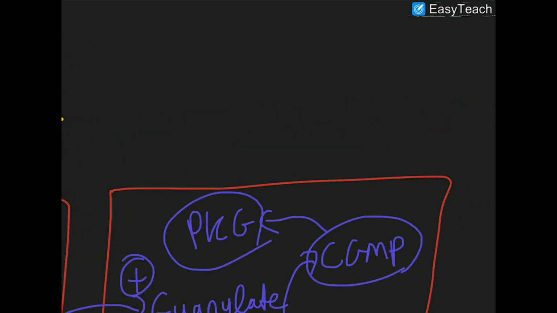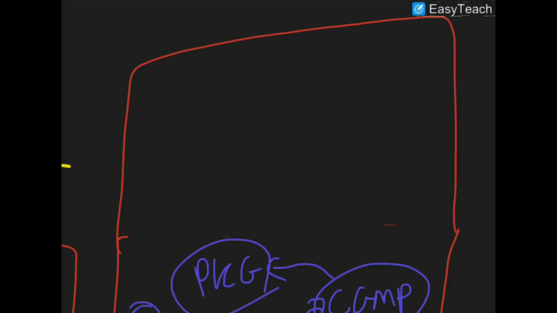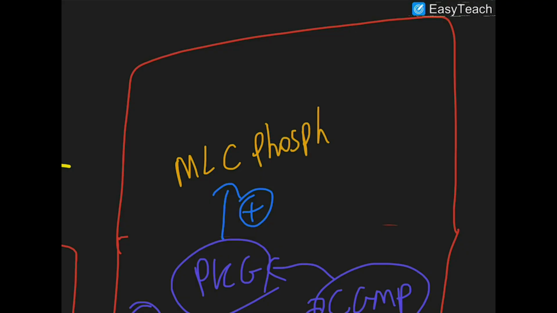Okay. So this is going to be still inside the smooth muscle cell, right? So let's go ahead and extend this. All right. So protein kinase G will then go ahead and stimulate myosin light chain phosphatase. Now, this enzyme is the opposite of myosin light chain kinase that we talked about earlier that led to vasoconstriction.